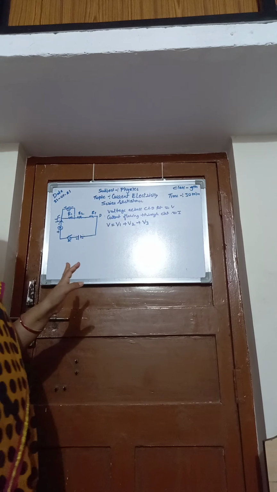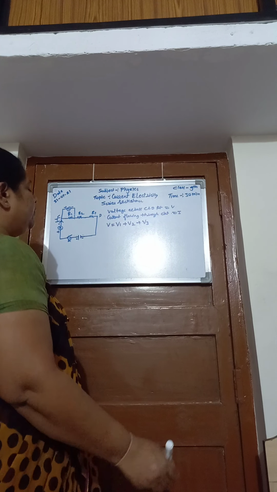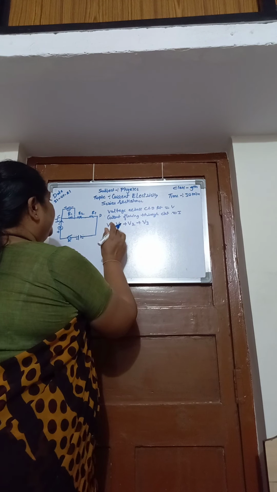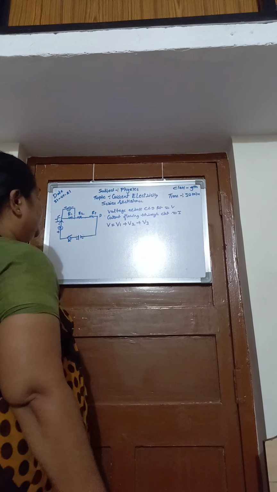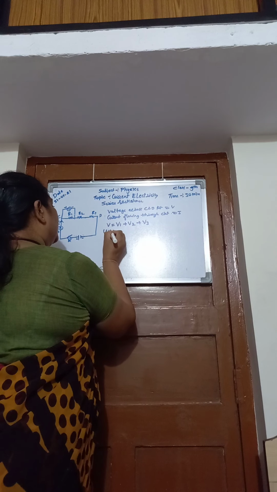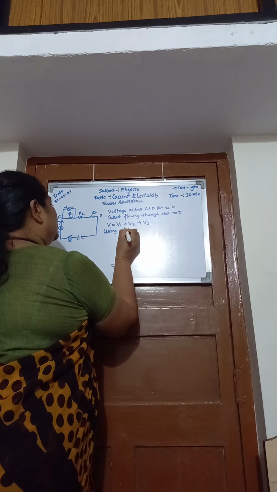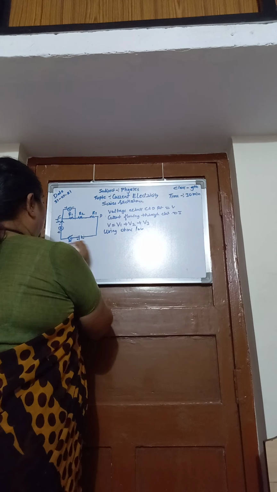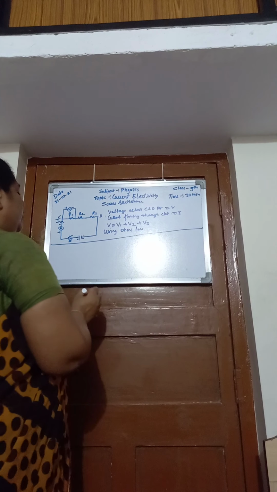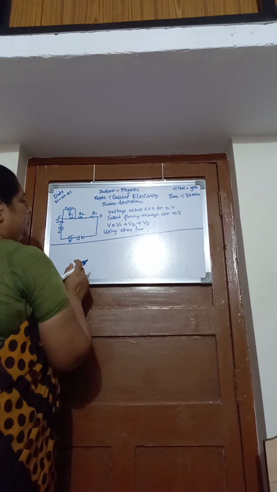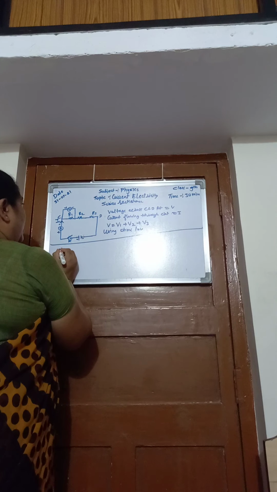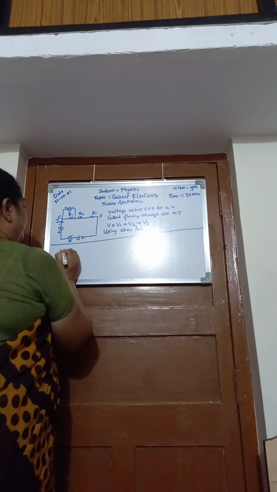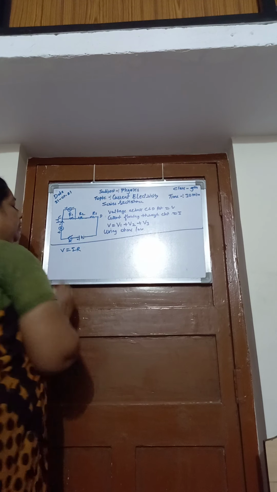Okay, up to this. Then we have to calculate V1, V2 and V3 using Ohm's law. By Ohm's law, V equal to IR. We know it.